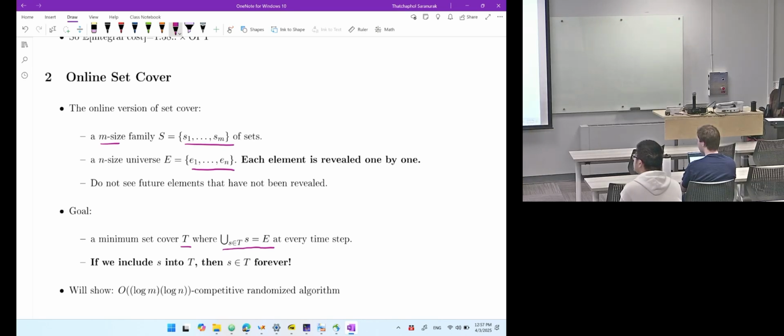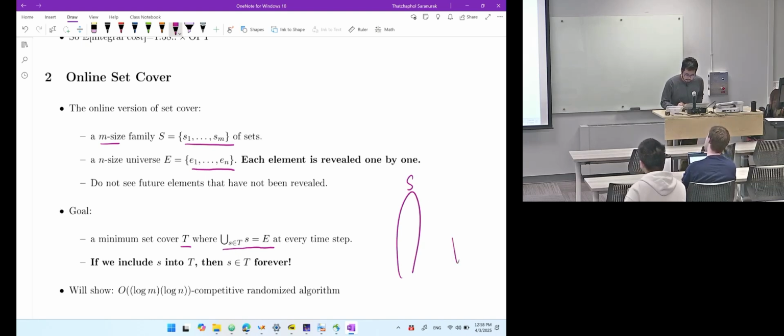But if we choose to include set S to cover things, then the set S needs to be in your collection forever. So in the picture, you have S here, and some elements here, something like this. If you remember this picture, then a new element comes.